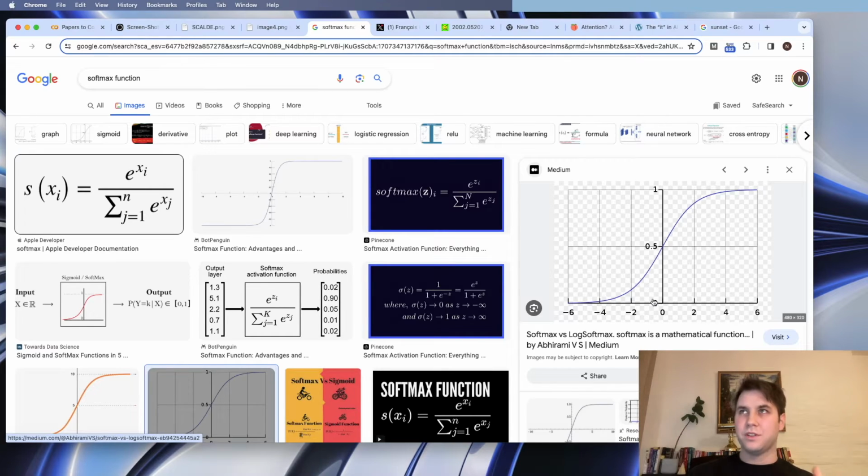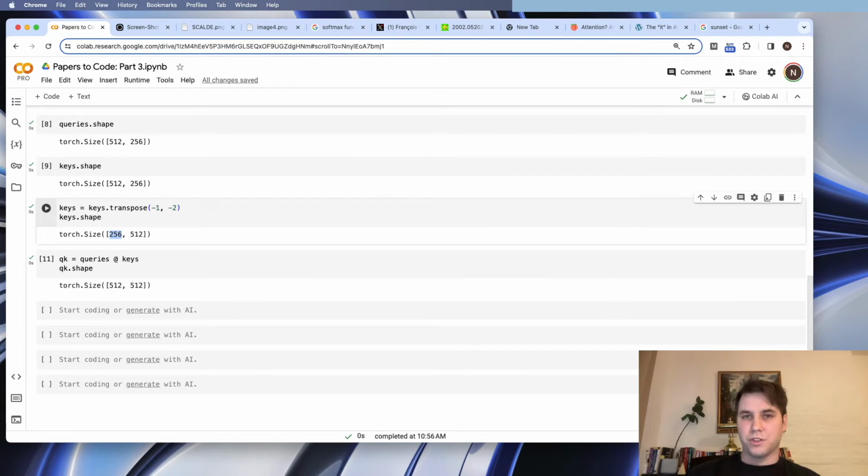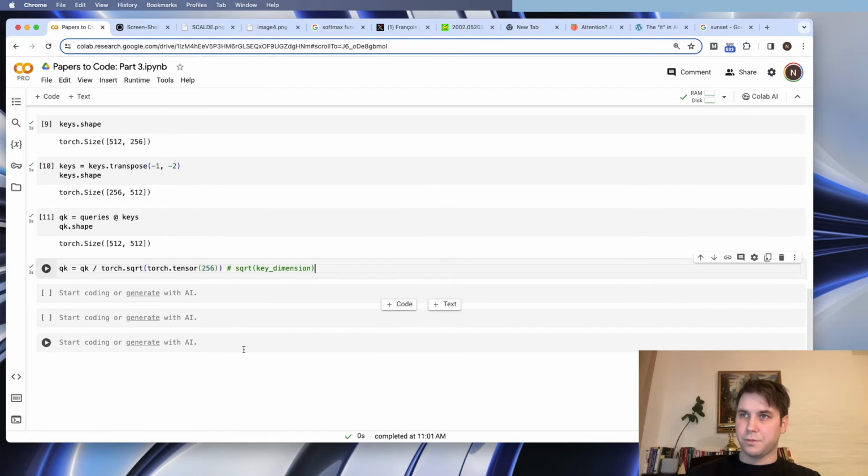So the output of this softmax applied to QK would just be 1s and 0s. And this doesn't make for very good learning. We're going to pass this on to the next layer and the next layer, and this kind of skew makes learning very unstable. So the main thing we want to do is preserve variance, and that's what scaling does. So let's implement our scaling, and then I'll give you a quick example here. We're dividing qk by the square root of the dimension.